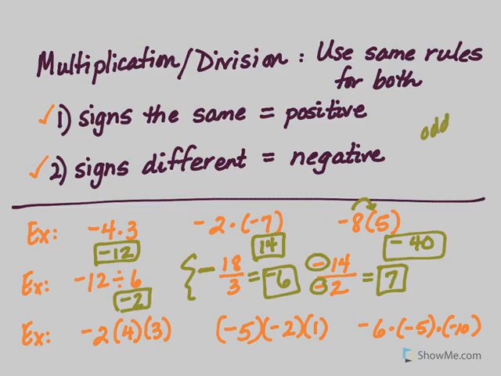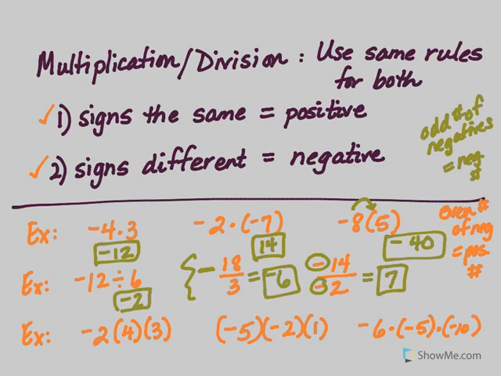An odd number of negatives when you're multiplying will give you a negative number. If there's an even number of negatives, then you're going to get a positive answer.